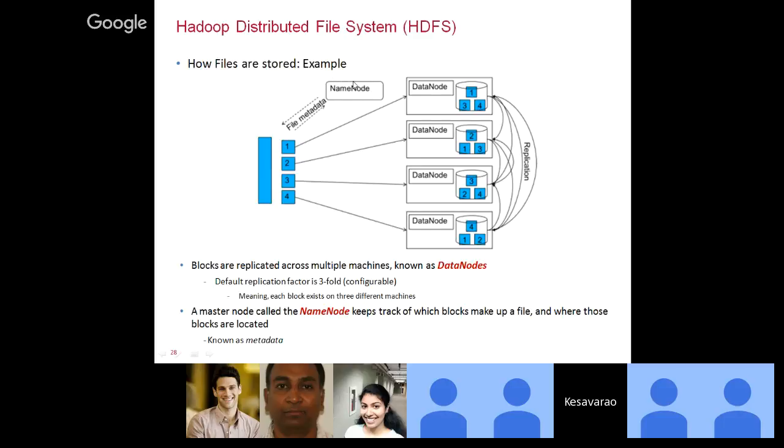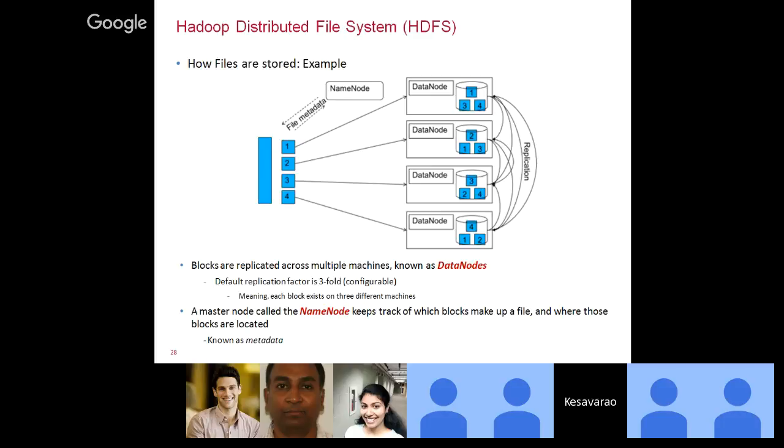There will be one name node which is like a manager. Basically, it will keep track of all the activity happening by all the data nodes. Okay, mostly you will have one name node, but you will have a lot of data nodes. When you say you have thousands of nodes in clusters, you keep adding a lot of data nodes, not the name nodes.